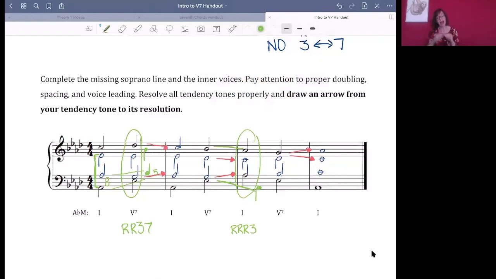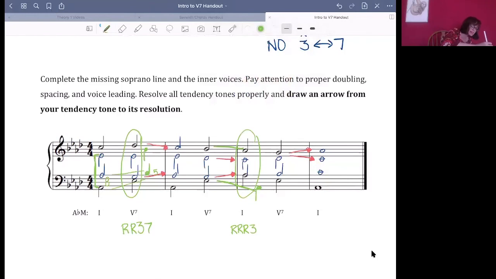So the bass had to move in contrary motion to the soprano, and that means that your only option then is for your other voices to kind of conglomerate on tonic and the third. That's, again, not anyone's favorite doubling, but that's what you get.